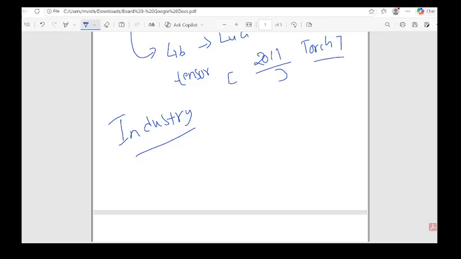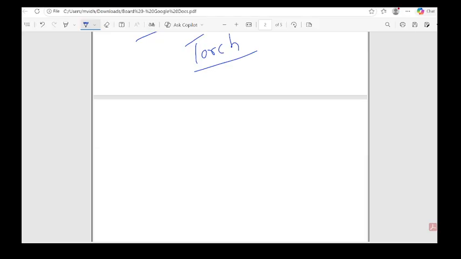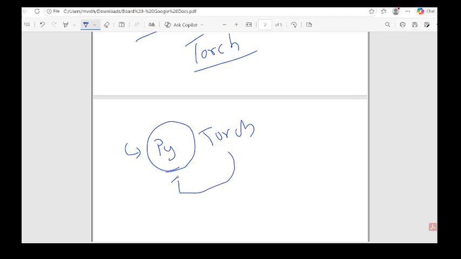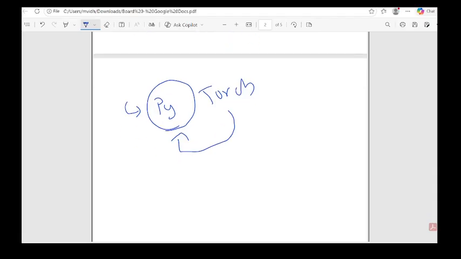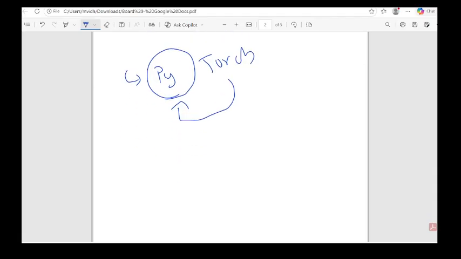But why did they not continue with Torch, and how did they move to PyTorch? Why did they convert the Torch library into Python? Because Lua, which was used in the Torch library, is not very popular, and Python is more prominent.